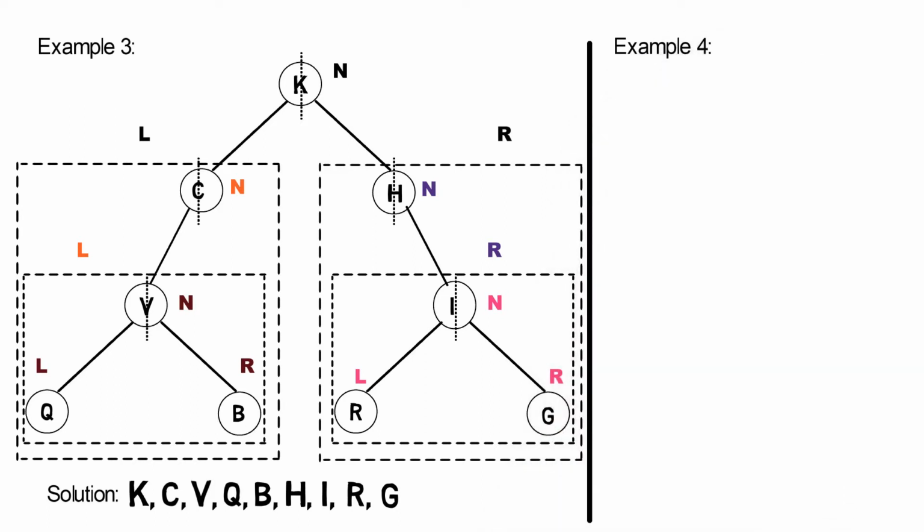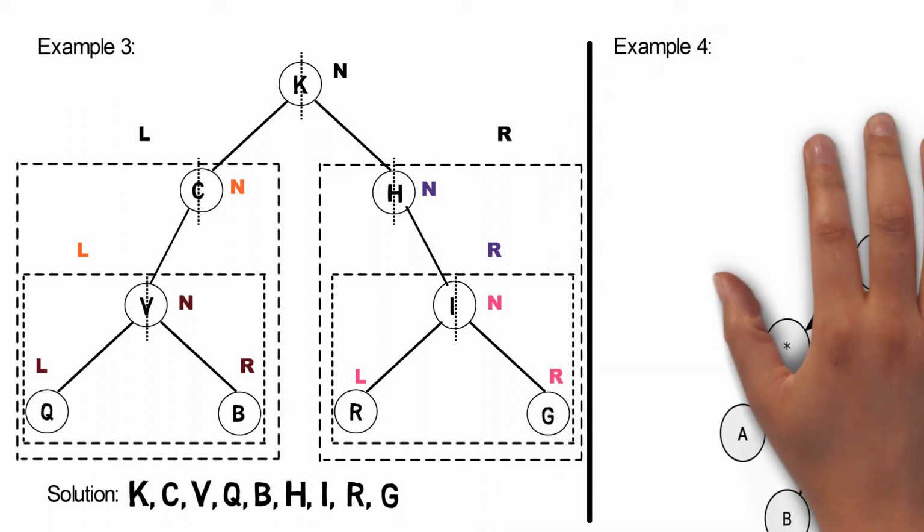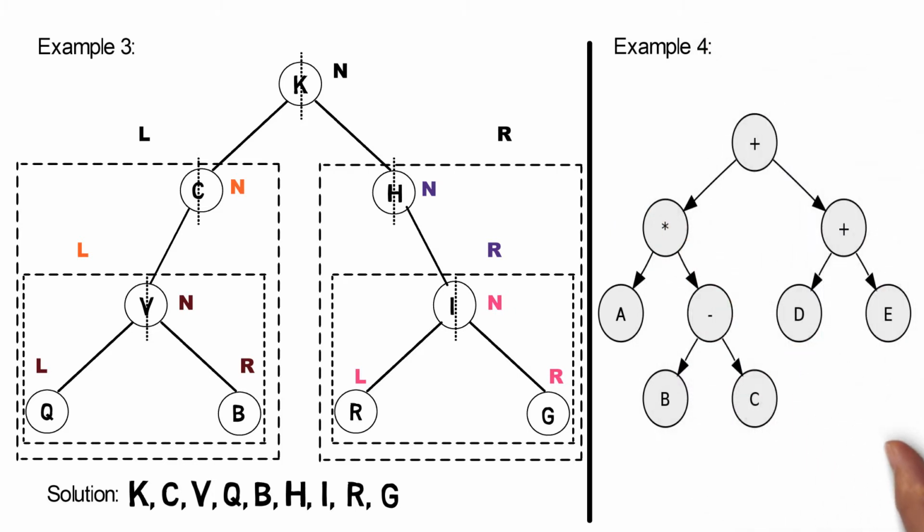Now, without any helping illustrations, let's traverse this tree. The topmost symbol plus becomes the root node. So let's write that down. We then move to the left of the plus symbol. The multiplication symbol becomes the root node in this case.